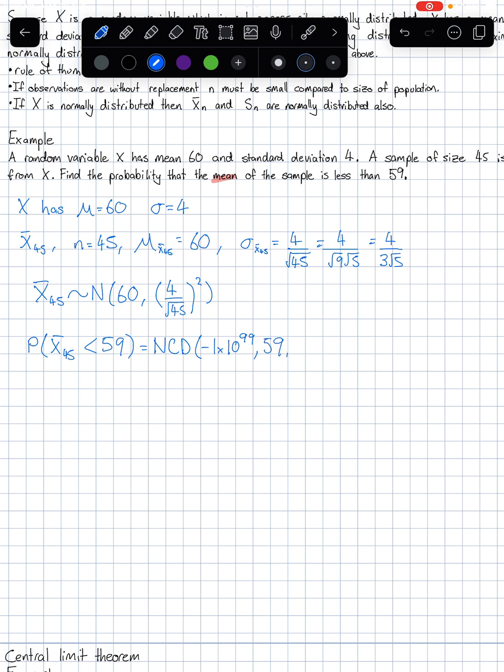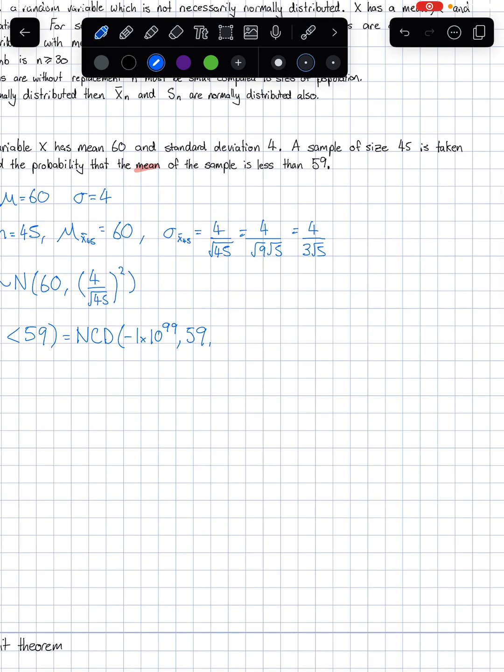And because we're using the Casio, let me quickly double check I've got it right. The Casio is lower, upper, and then the standard deviation, which we've got is 4 over square root 45, and a mean of 60. When we put that in, let me type the values into the calculator: 4 over square root 45, and then we've got -1 up to 59.